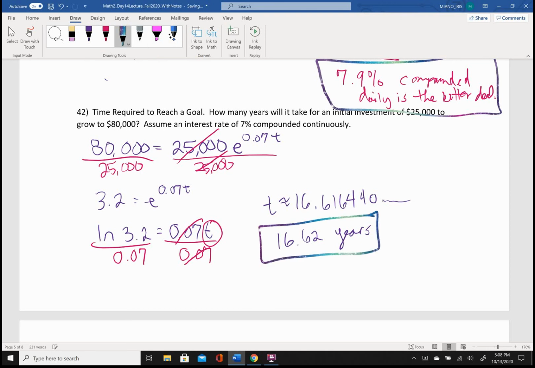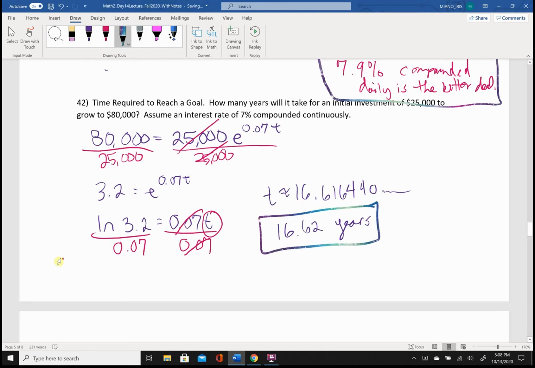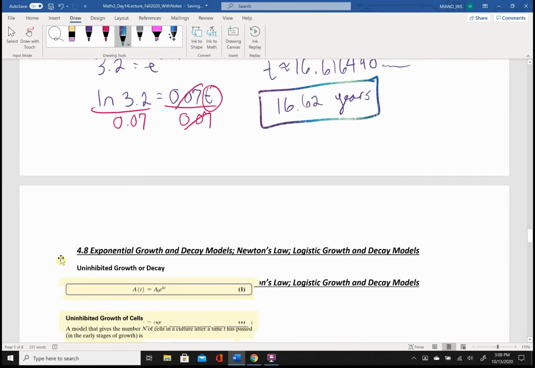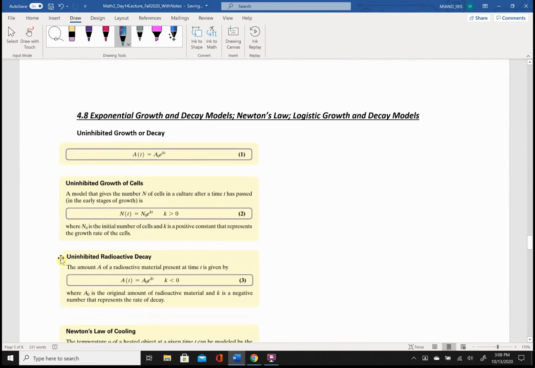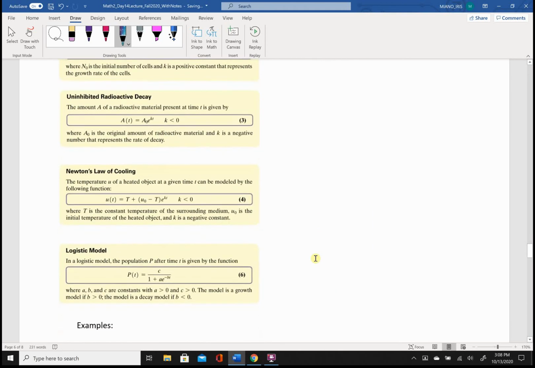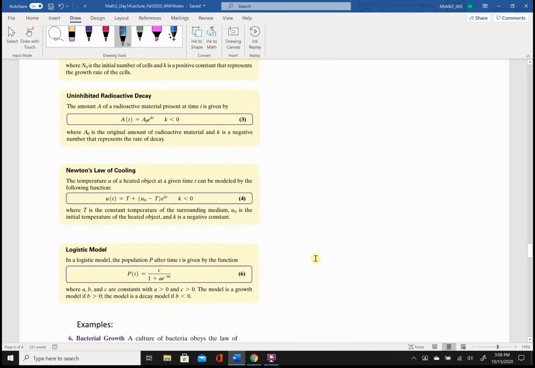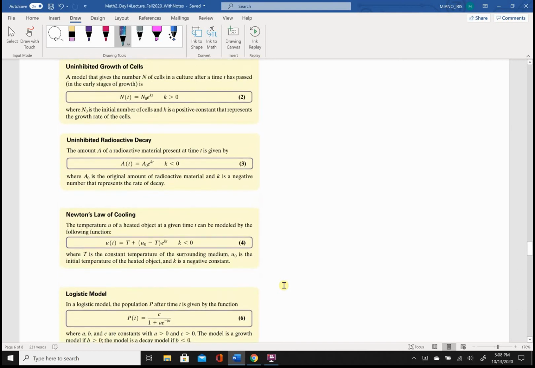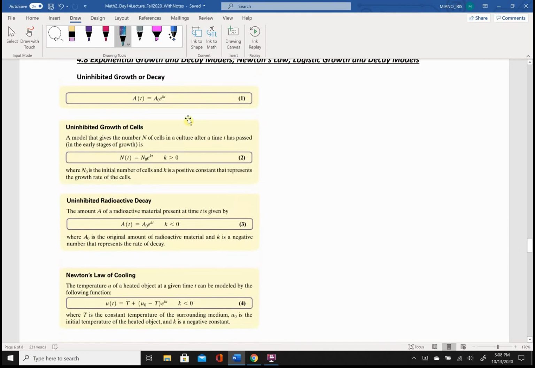Okay, so that'll be everything that we're going to cover for 4.7. Now 4.8 is more exponential models, but those are going to be concerning growth and decay, cooling, according to Newton's law, and a logistic model, which is basically a fancy way of saying a population model. Okay, so notice that these growth and decay models are pretty much the same structure exactly.